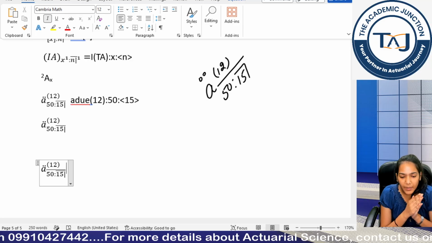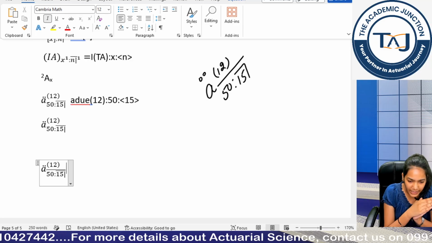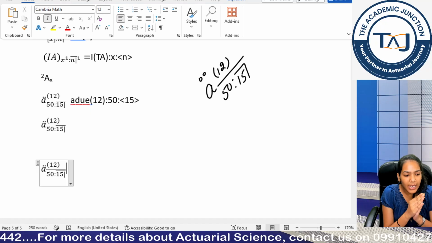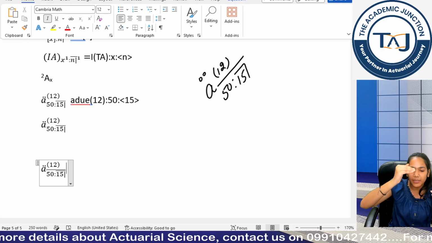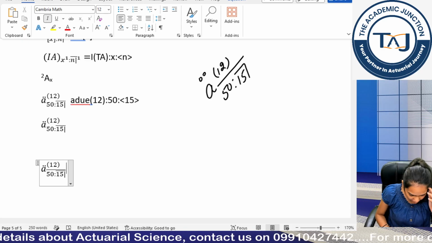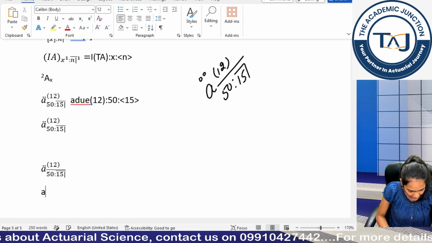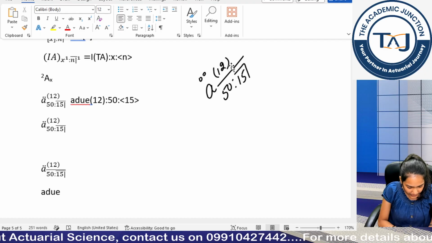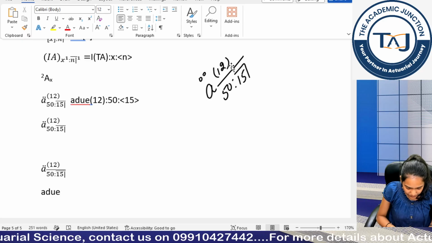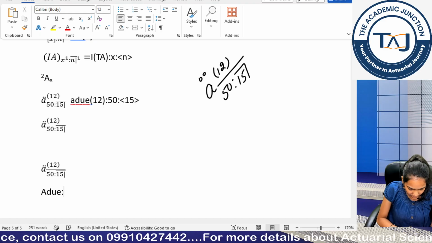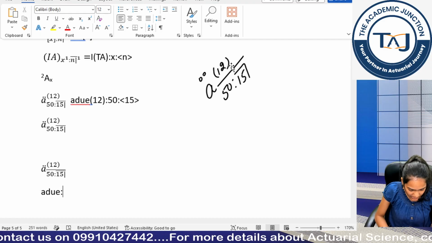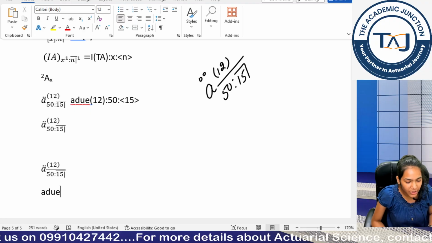Look, there is no particular specification of writing this in the IFOA or II handbook. Basically we are being given the mathematical notations. So how can I write it? Let's try. A du basically, and we have A du bar. There is no particular notation actually, Harshita.